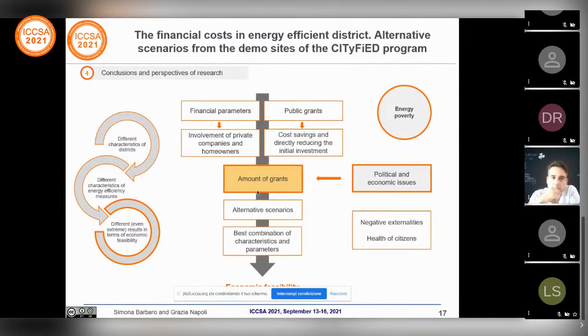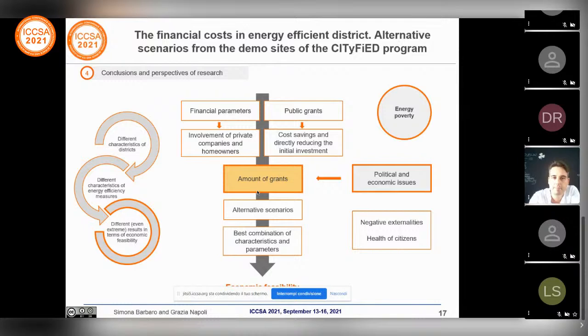In conclusion, the analysis of the interventions of the certified program showed that the characteristics of the energy efficiency measures can vary so much as to generate opposite results in terms of economic feasibility. Indeed, some interventions are very profitable, as in the case of the Soma demonstration site, while other interventions do not reach the minimum cost-effectiveness ratio, even if a subsidy covers 50% of the investment cost.